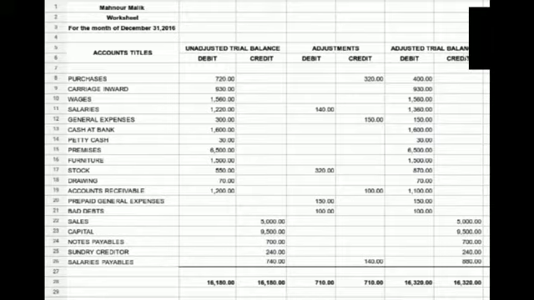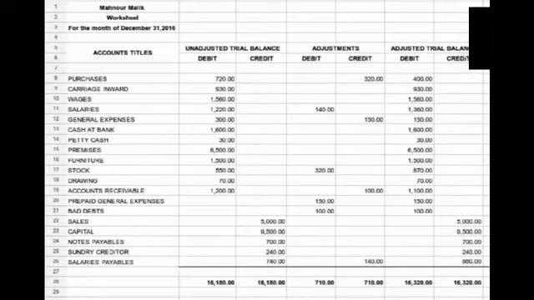And also in salaries, if they are the same, both debit, we just get the sum of them, and if it is debit and credit, we just get the difference of them. So in salaries, they are both debit. So 1,220 plus 140, we have 1,360.